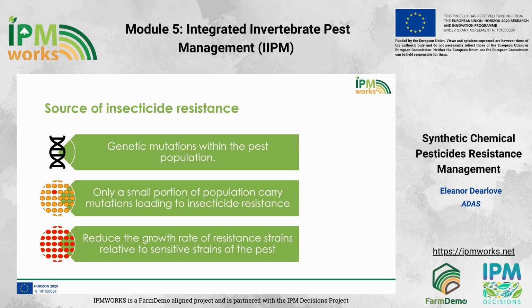Second, these resistant mutants initially make up a tiny fraction of the population. But third, as that insecticide mode of action continues to be used, those resistant mutants are selected because they will survive and reproduce whilst the sensitive ones die. Over time, the resistant individuals make up a bigger proportion of the population, so that the insecticide mode of action no longer works.